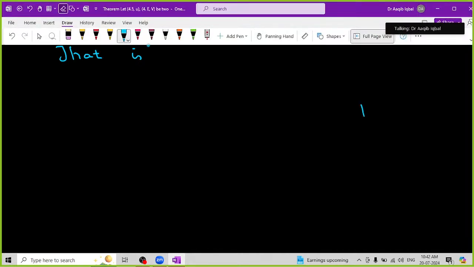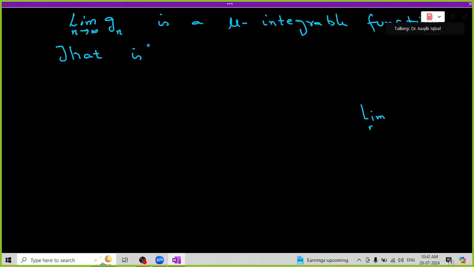Levy's theorem says that this is integrable. Limit n goes to infinity gn is integrable, mu integrable. But this is same as limit n goes to infinity nu star of the x section of gn.